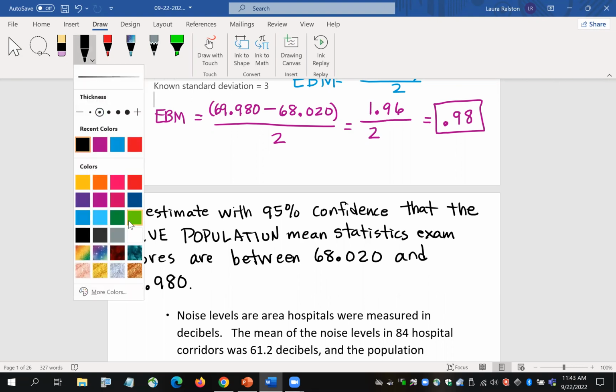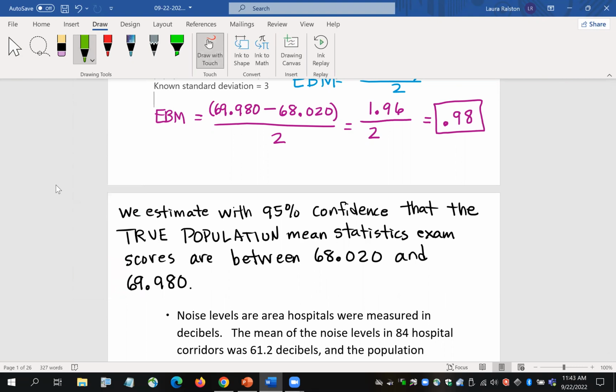I wrote two words here in capital letters, true population, because those are the two words that students want to leave out when they're writing this conclusion, because we're trying to figure out the estimate for that true population mean. What would it really be?